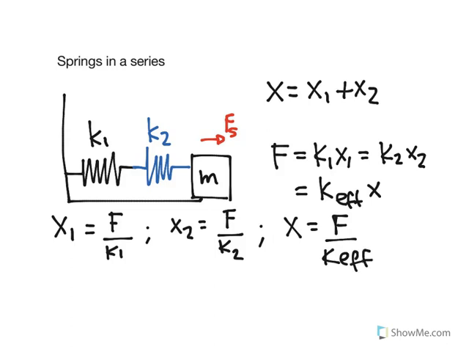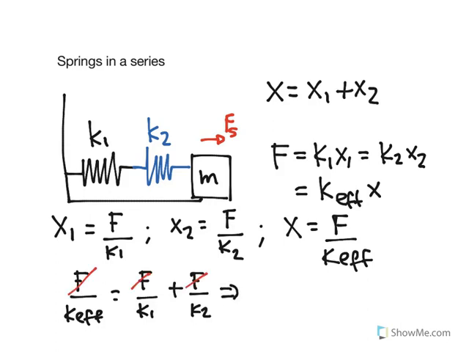So f over k effective, which is x, equals f over k1, which is x1, plus f over k2, which is x2. And since the forces are the same, I can cancel, so 1 over the total effective k equals 1 over k1 plus 1 over k2. Or more generally, the sum of the inverse of the k's will give me the inverse of the effective k.